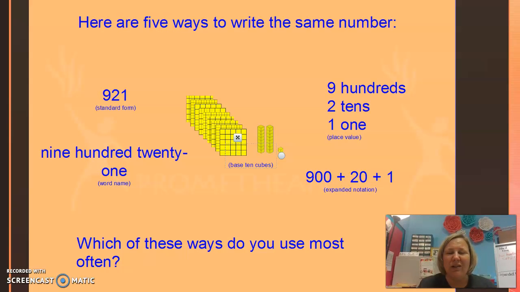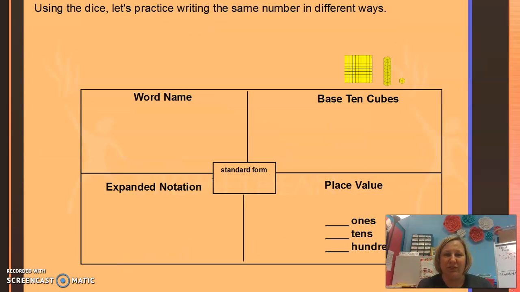All right, we are going to play a game to review. I'm going to take some dice, and we are going to practice writing our numbers in 5 different ways. So what I need you boys and girls to do is go get either a small dry erase board if you have one, or if you don't have one, that's okay.